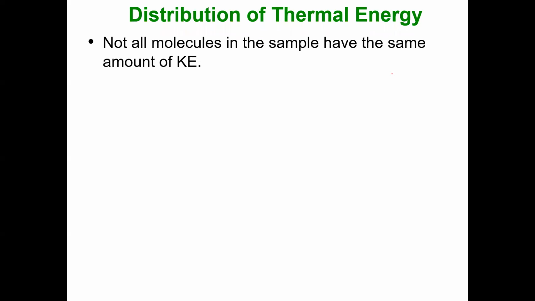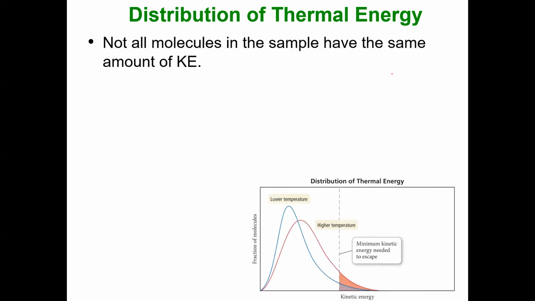If we go back to our understanding of kinetic energy, we know that kinetic energy is proportional to temperature or thermal energy, and when we talk about the kinetic energy of a system, we're looking at averages. Not all molecules have the same amount of kinetic energy, even at the same temperature. So we see the distribution of thermal energy. We look at the kinetic energy, the movement or speed of the molecules.